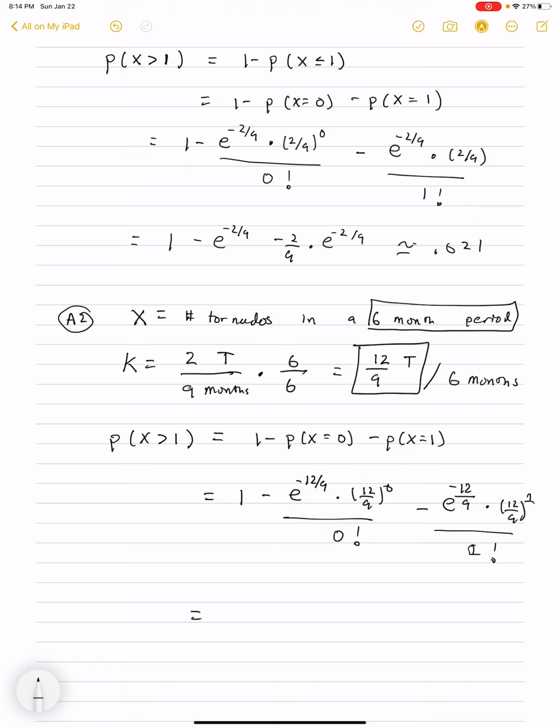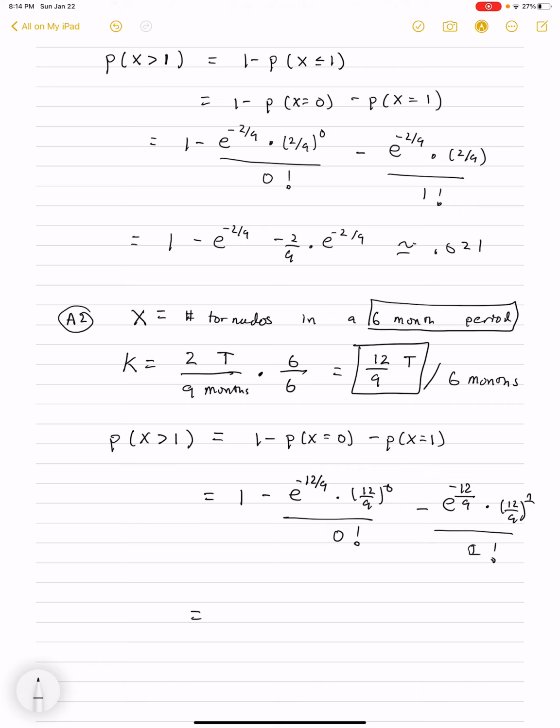Then we just need to calculate what this is. And we should get 0.38.